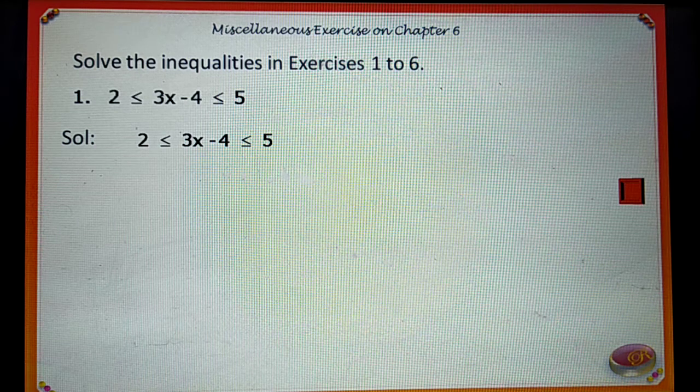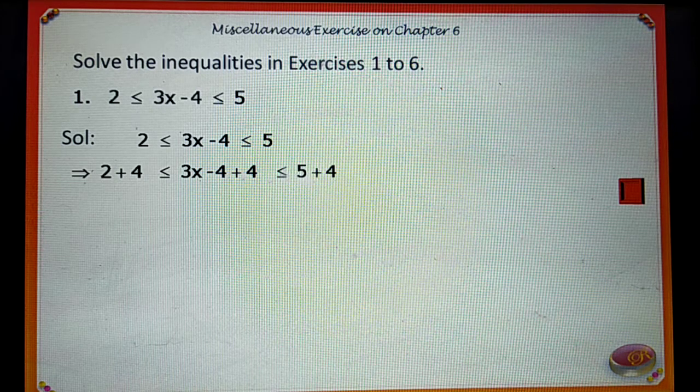Therefore, next step is 2 plus 4 is less than or equal to 3x minus 4 plus 4 is less than or equal to 5 plus 4. Implies 6 is less than or equal to 3x is less than or equal to 9.